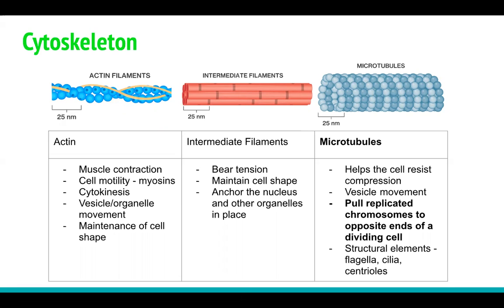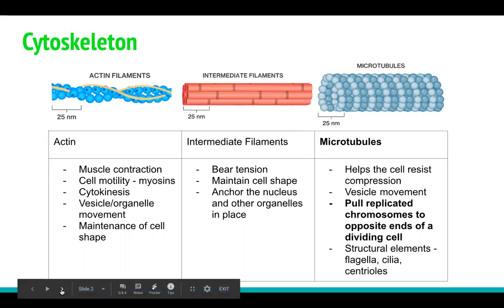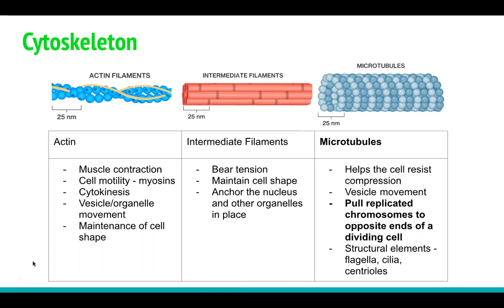And that's a thing with a lot of cytoskeleton. It's really mainly for structural support. Moving on to intermediate filaments, those are also going to be maintaining cell shape. They're going to help with a lot of tension that the cell's going to be under.